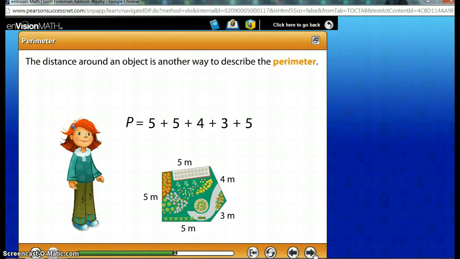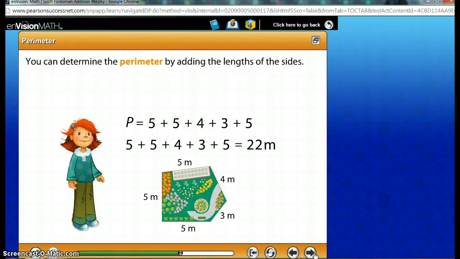The distance around an object is another way to describe the perimeter. Okay, so here's a little formula for you. P equals, and then it gives you a number sentence like we were talking about a few slides ago. You can determine the perimeter by adding the lengths of the sides.